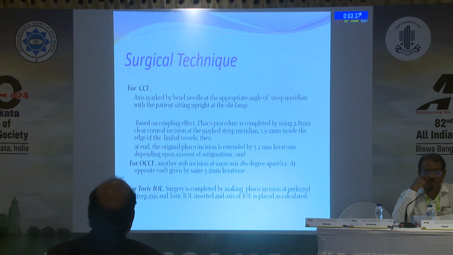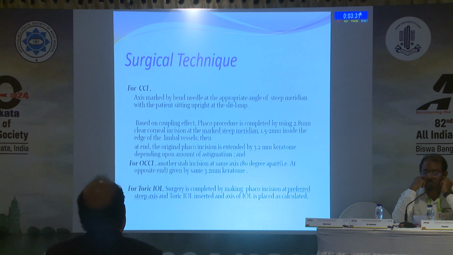These are the surgical techniques for clear corneal incision. Axis is marked by the bent needle in the patient sitting upright at the slit lamp. Based on the coupling effect, the phaco procedure is completed by using a 2.8 millimeter clear corneal incision at the marked steep axis. And the original phaco incision is extended with the keratome, depending upon the size of astigmatism.